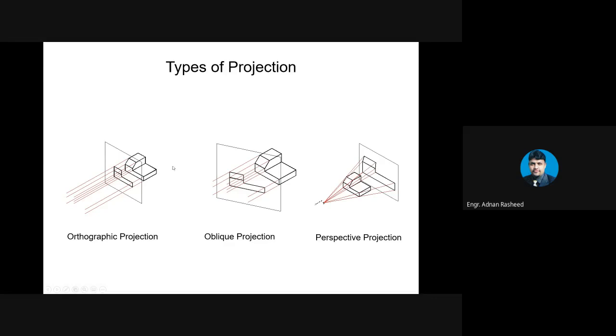Whenever these projectors hit the picture plane, we will get different points. By joining these points in a sequential manner, you will get the image of this object on that picture plane. So this process is known as projection.